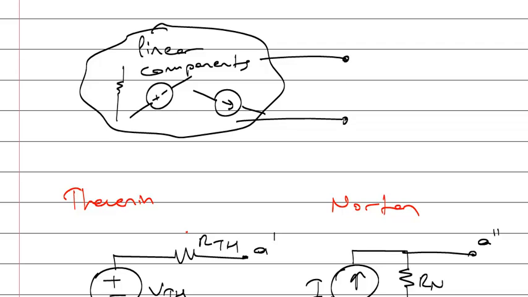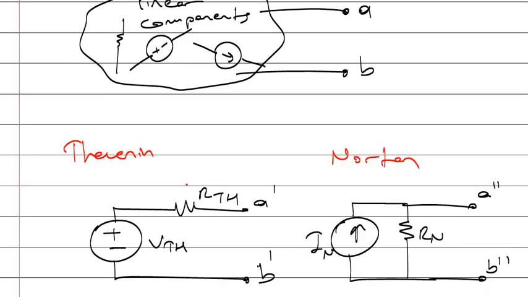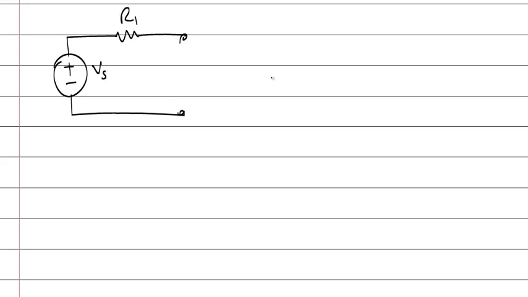You have 2 points from that circuit, points A and B, and you can draw a Thevenin equivalent and or Norton equivalent for that circuit. Consider a circuit like that. Okay, that's V source and R1.